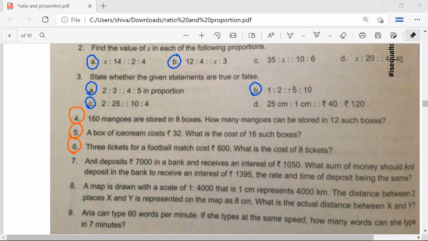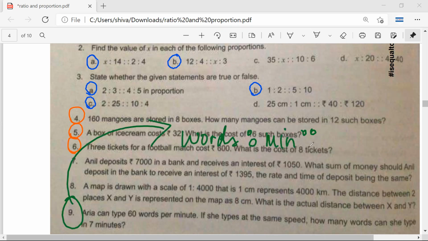Great, sir. How to do question number 9? Mr. Satya. First, I converted everything in words. Words is to 2 minutes. After this, I got 60 is to 1.